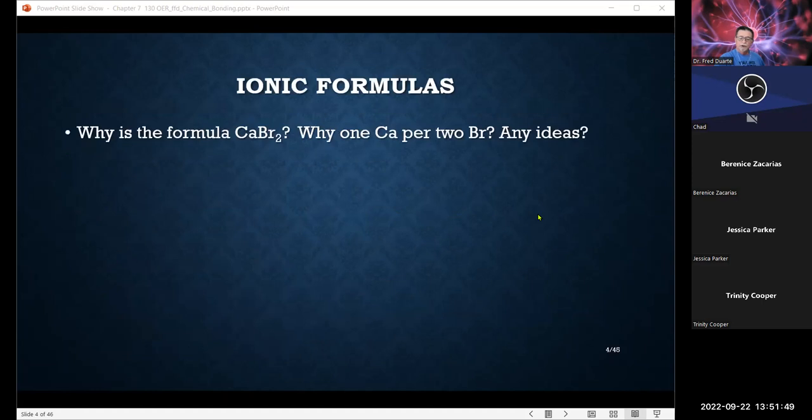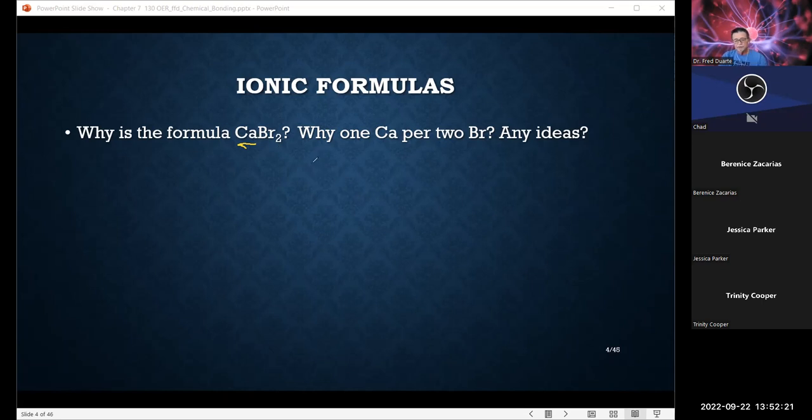Okay, so we're going to be talking about ionic compounds and then how to make ionic formulas. Okay, so we have this formula here, CaBr2. Now, as a general rule, and I repeat, as a general rule, the atom written first in the formula is generally the central atom, and then what follows is essentially bonded to the central atom, okay?